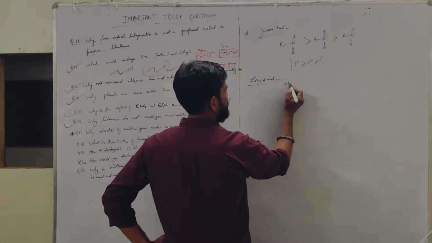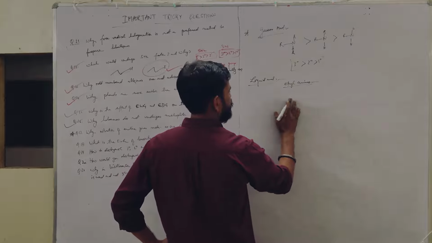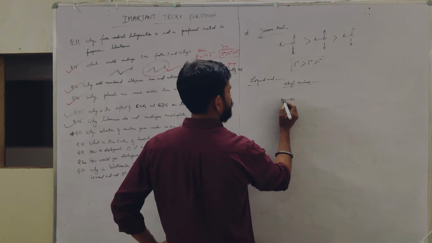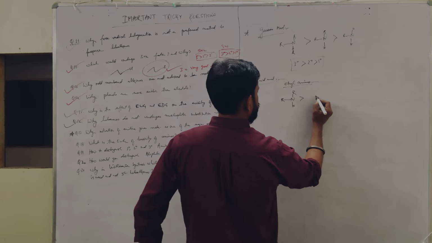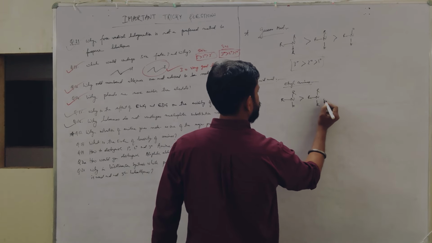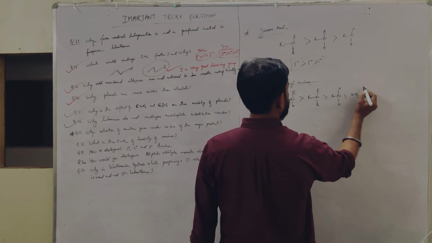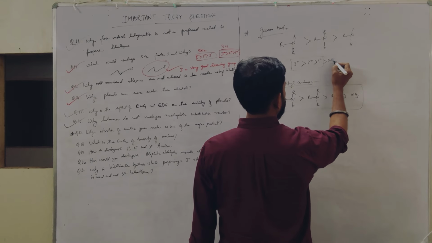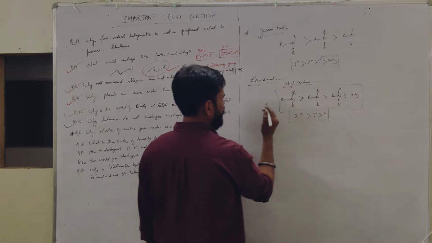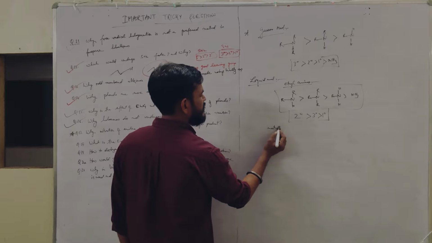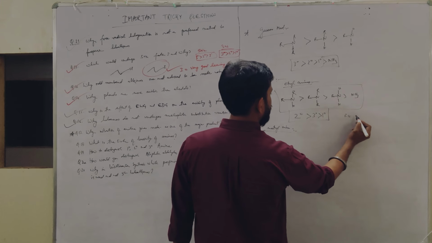So for ethylamines, the order is 2-degree, 3-degree, 1-degree, and for methylamines, here R is ethyl.